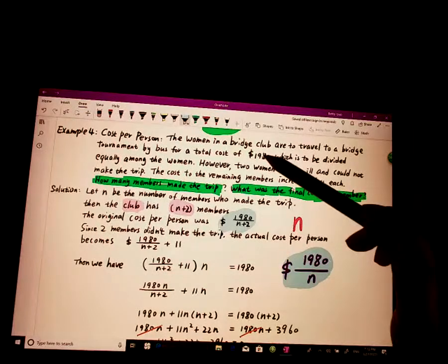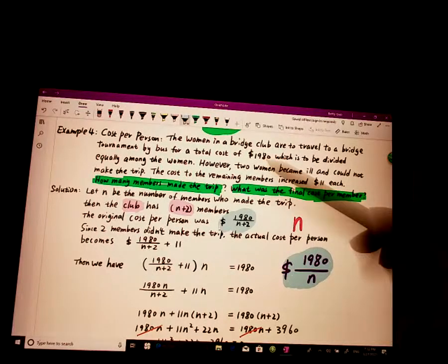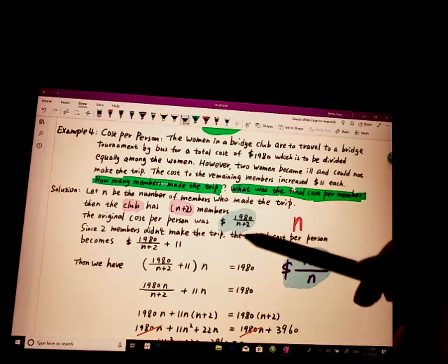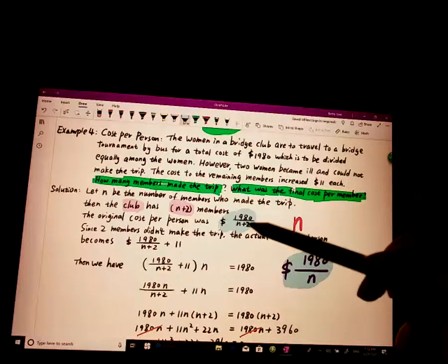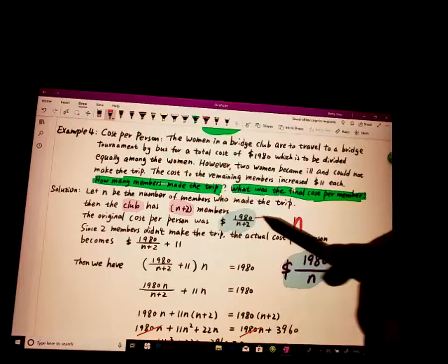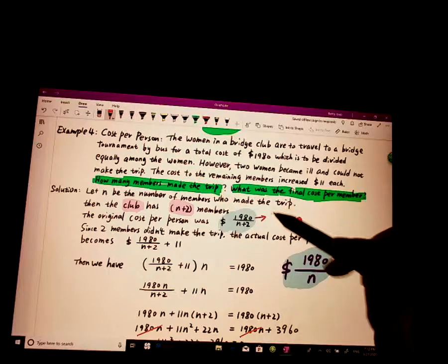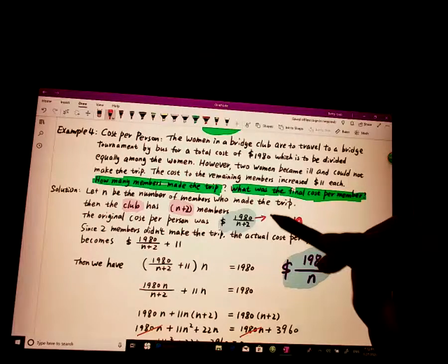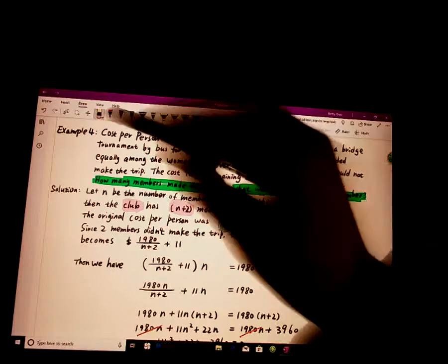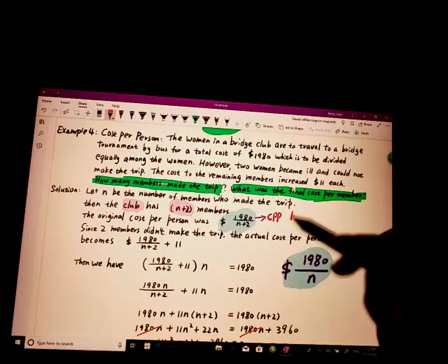So if we divide $1,980 by n plus 2, n plus 2, remember, is the number of members in the club. Then do you agree that that number is the cost per person? Cost per person, I'm going to write CPP, before and after.